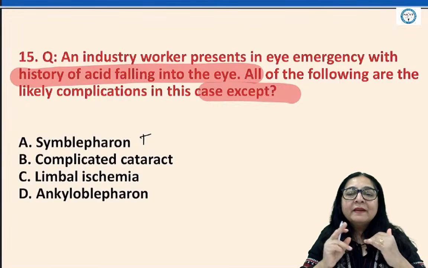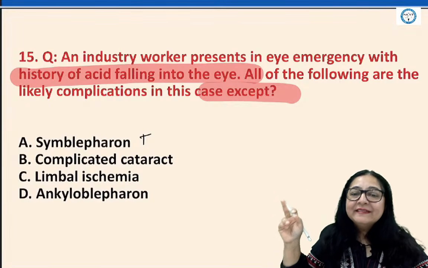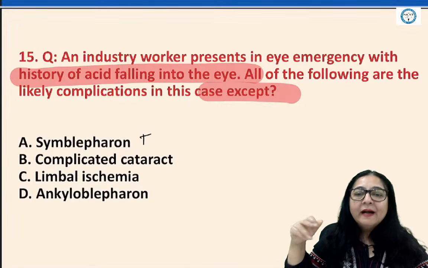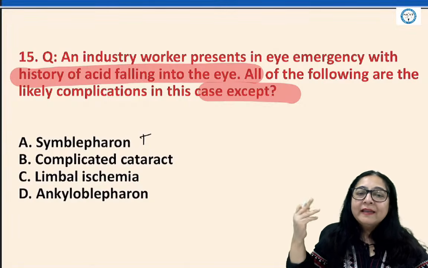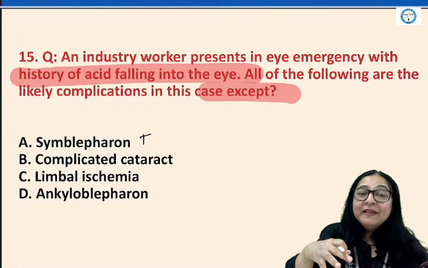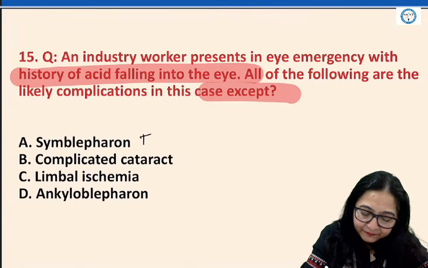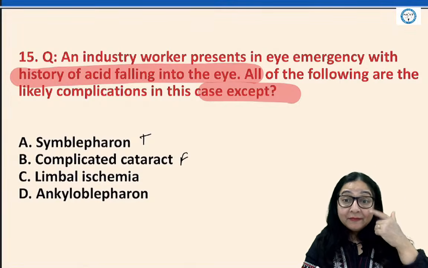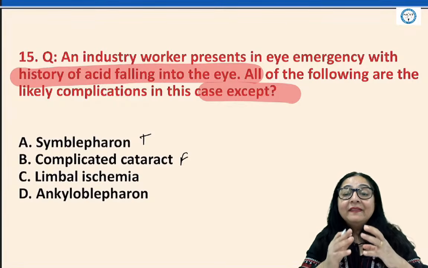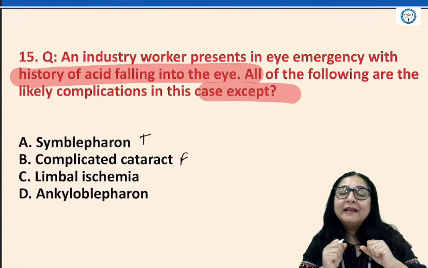Most of the time it occurs in cases of uveitis, high myopia, retinitis pigmentosa, acute congestive glaucoma. But cataract which occurs because of chemical injury is not called complicated cataract. So this is false. Limbal ischemia, yes, because the limbal stem cells are damaged whenever there is chemical injury.